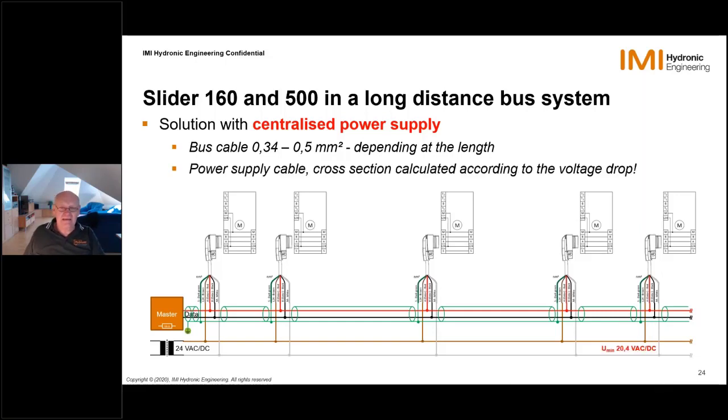Again, please take care that the cross section of the power supply cable is calculated according to the voltage drop. The first actuator is taking current, the second one also, and so on, and then there is a certain resistance over the length.